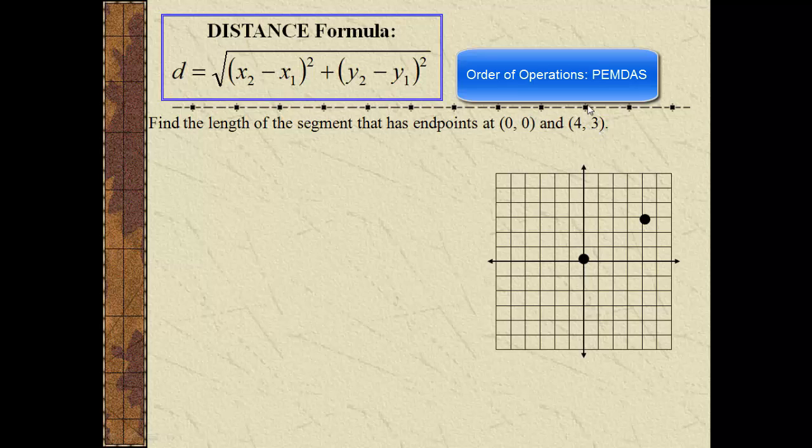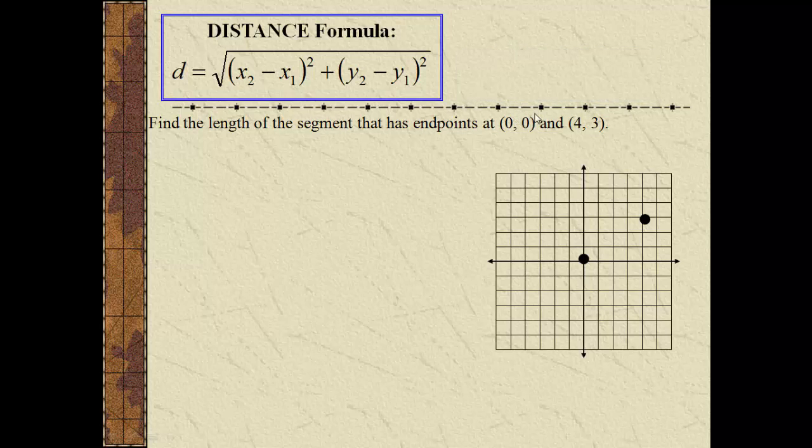It's kind of like when you're using the slope formula and you have your x1, y1, x2, y2. So, first step is to plug in all of your x2, x1, y2, and y1. So our x2 was 4, our x1 was 0, our y2 was 3, our y1 was 0.